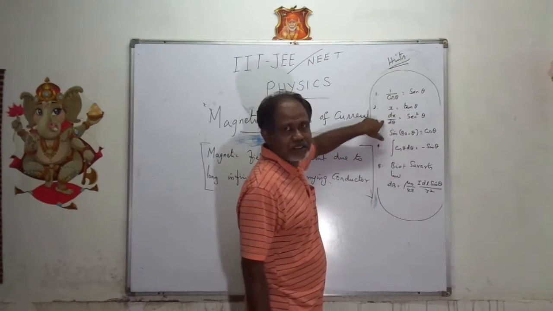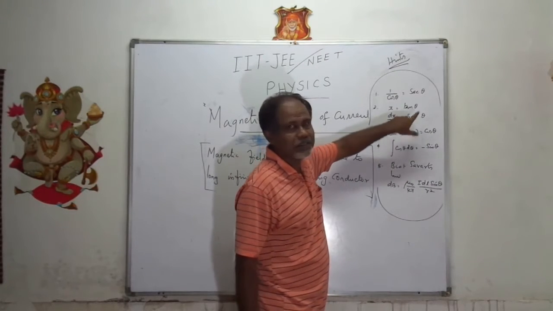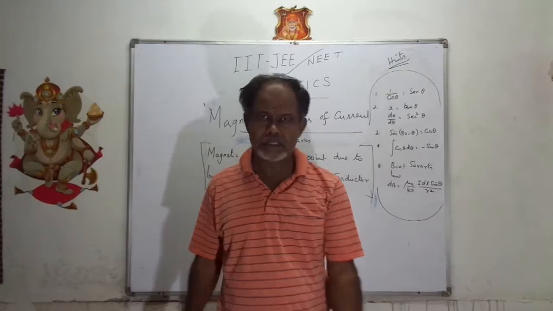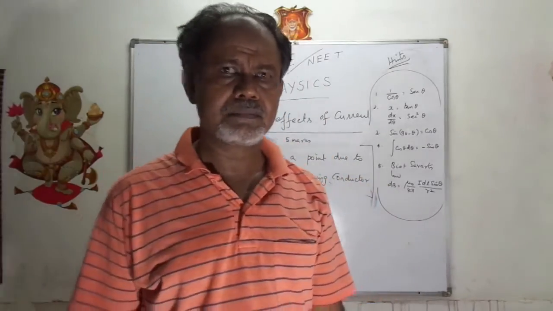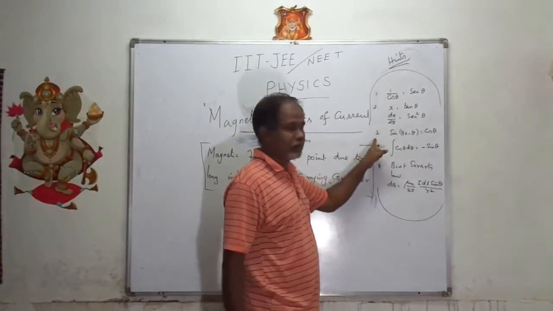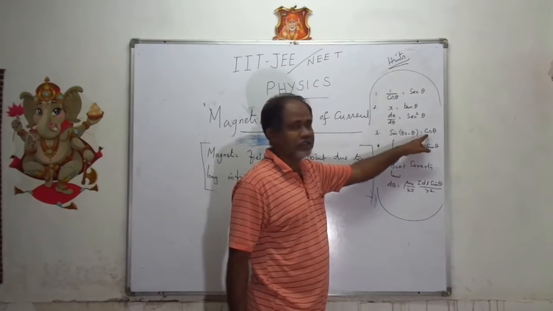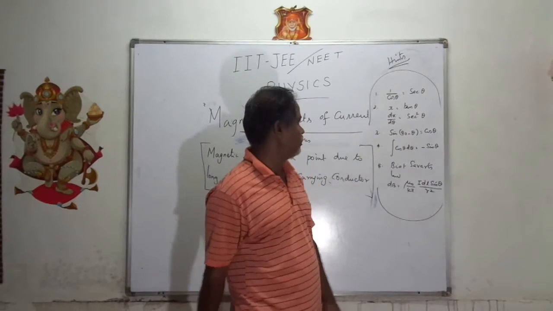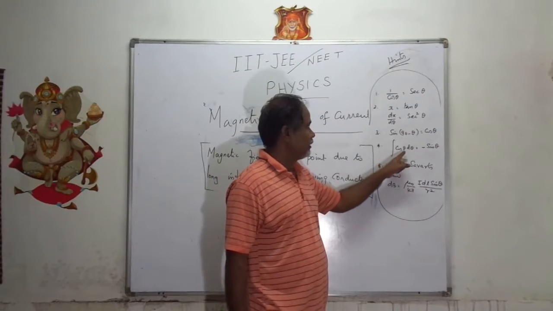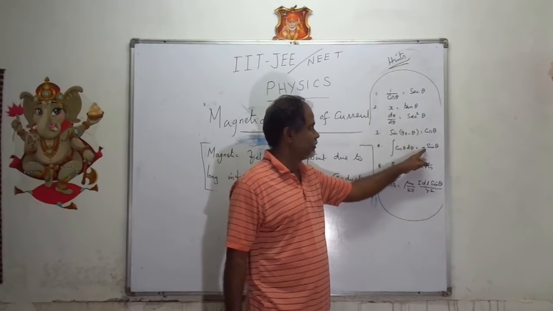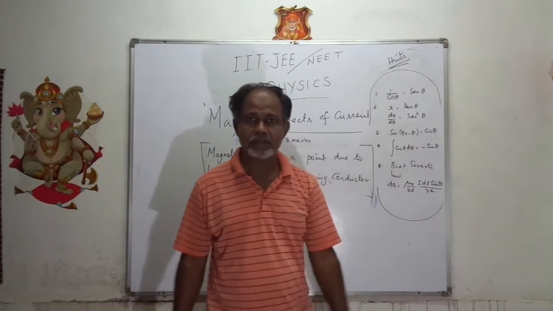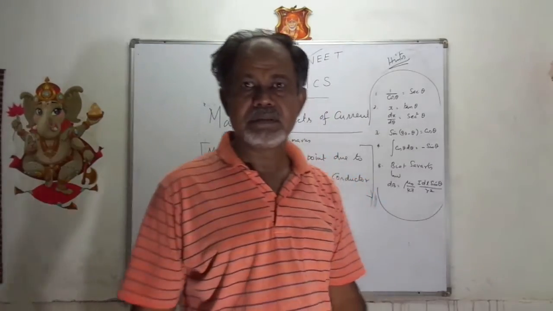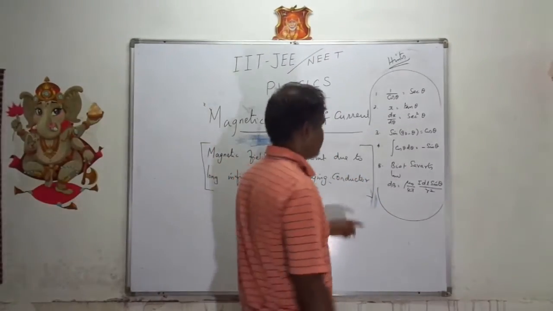Differentiating it, dx by d theta is secant square theta. Then another formula, sin(90 minus theta) is equal to cos theta. Integral of cos theta d theta is equal to sin theta. We are going to apply these formulas in our derivation.